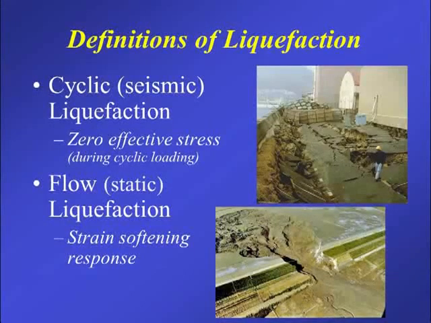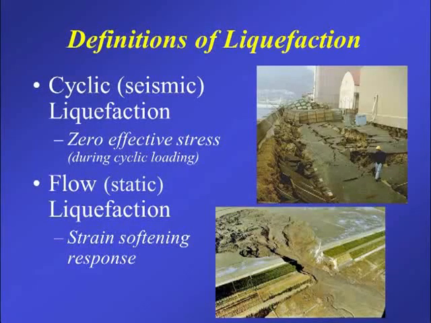Now, flow liquefaction, which is what we're going to talk about today, is built around the concept of strain softening. And in fact, Terzaghi, over 60 years ago, had identified this, and he used the term spontaneous liquefaction. But today we'll use the more generic term of flow, or sometimes static liquefaction.